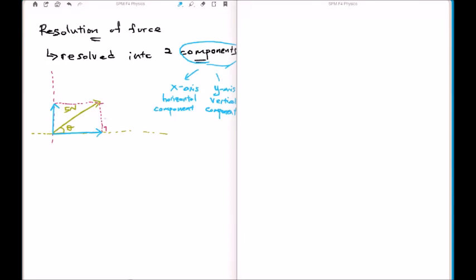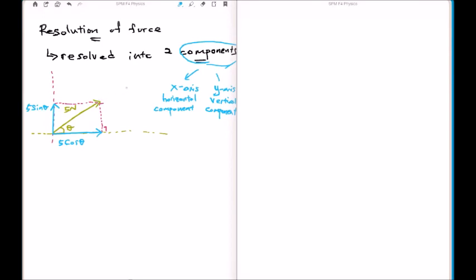In order to find out what this is, here to here is cos, right? 5 cos theta, whereby the vertical component would be 5 sine theta. Maybe you have forgotten about sine, cos, tangent.